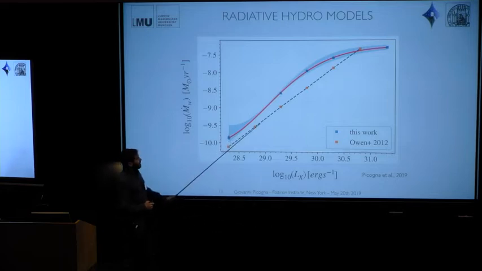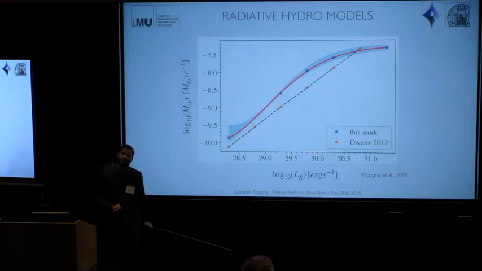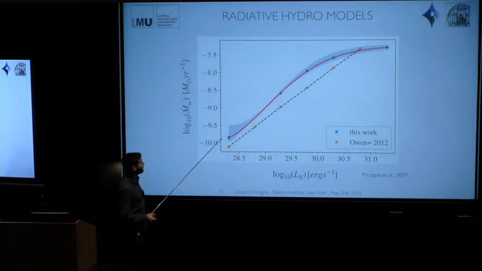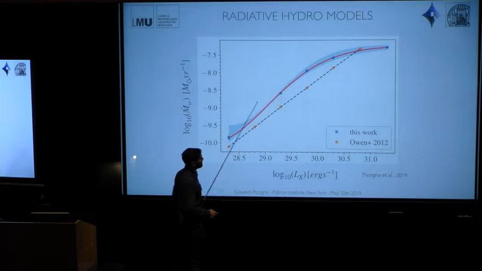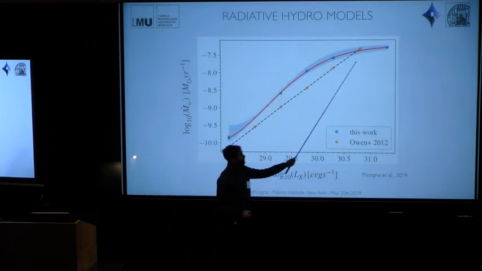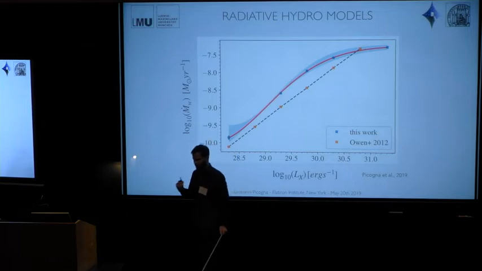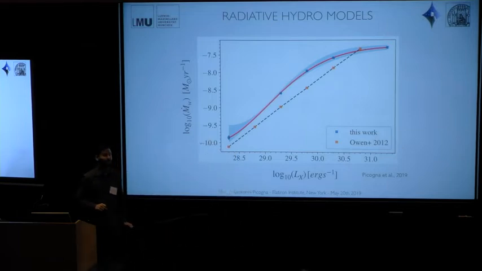And we see that we got a factor 2 to 3 higher mass loss rate due to the photoevaporative wind, the X-ray plus UV photoevaporative wind. We also saw, with respect to James Owen, that we reach a plateau in X-ray luminosity, above which increasing the X-ray luminosity doesn't change the mass loss rate due to photoevaporative winds.